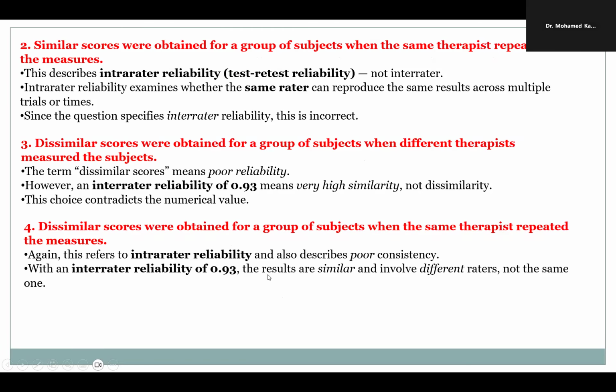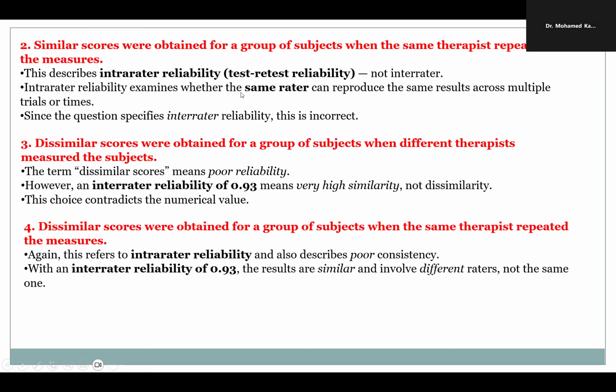Let's look at the incorrect answers. Similar scores were obtained for a group of subjects when the same therapist repeated the measure. So one researcher, the same observer. This actually is intra-rater reliability, or test-retest reliability, not inter-rater reliability.